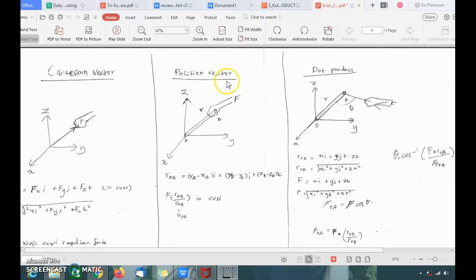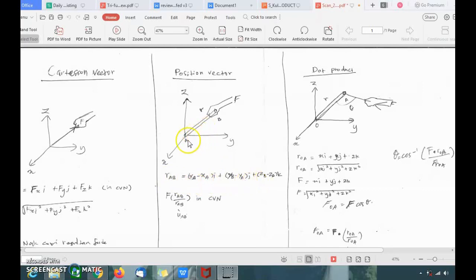For a position vector, let's say you have a pole, truss, or cable like a chain, and you apply a force here. You need to find the radius, or the length of the radius, first. This radius we can change to Cartesian vector form.